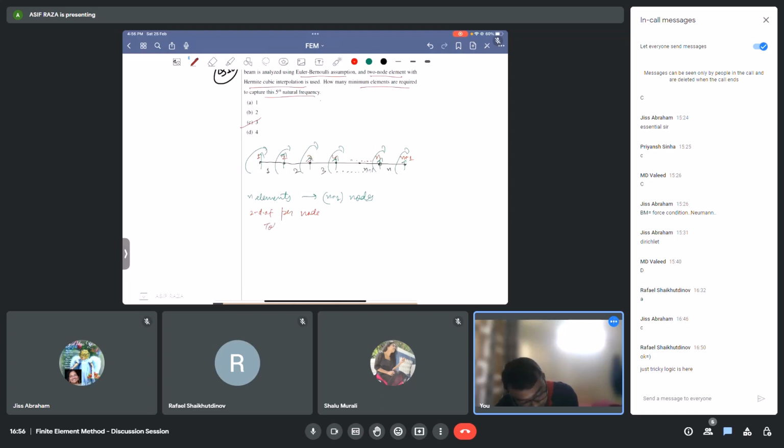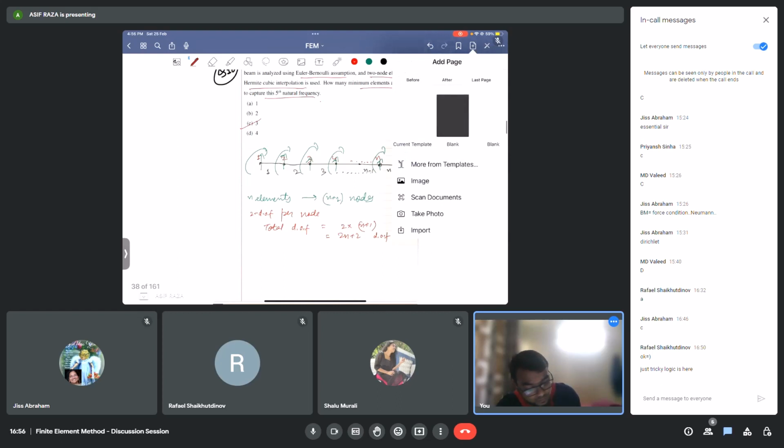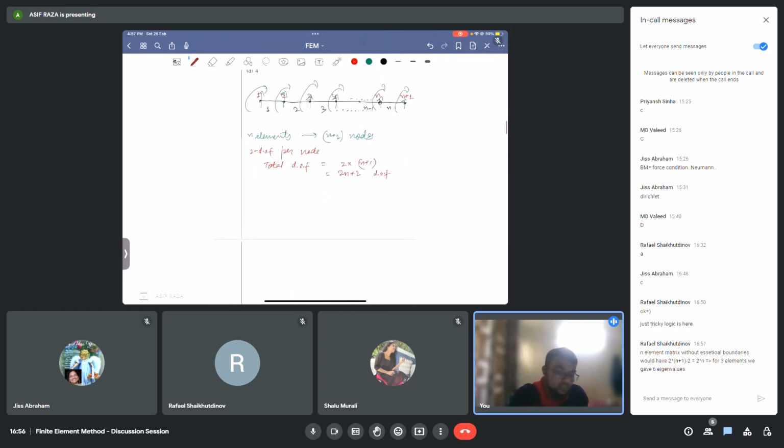So the total degrees of freedom equals 2 times n plus 1, that is 2n plus 2 degrees of freedom. So our global stiffness matrix will have a dimension of 2n plus 2 by 2n plus 2.